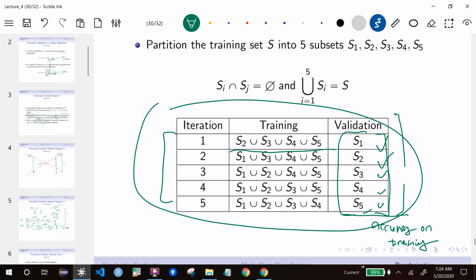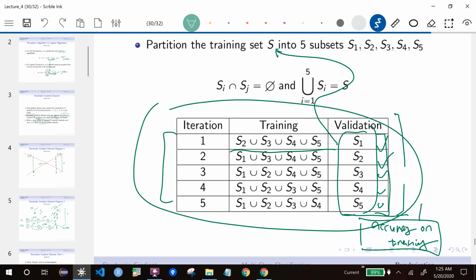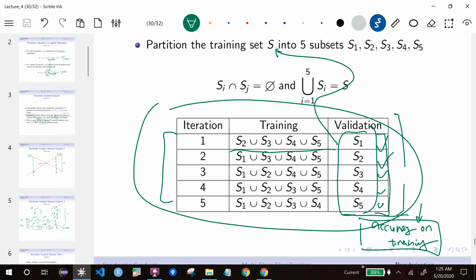Noting that if you combine them, it is actually just the training set. So that would define the accuracy on the training set, instead of just using all the data and testing on the same data set, which, as I said, gives all zeros errors, so that doesn't make any sense. So basically, we're using cross-validation to get a better measure of accuracy on the training set.